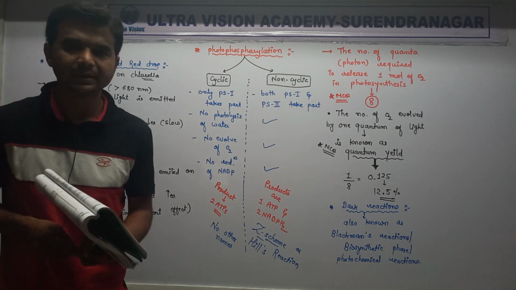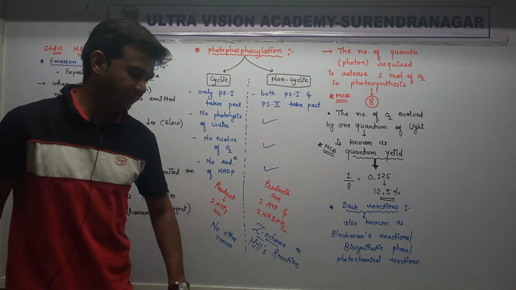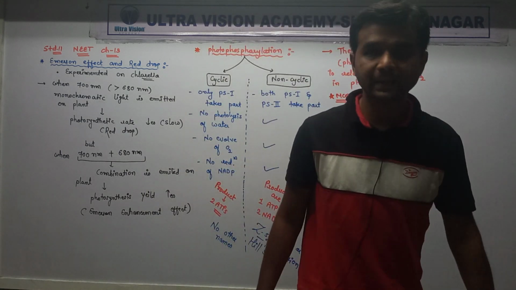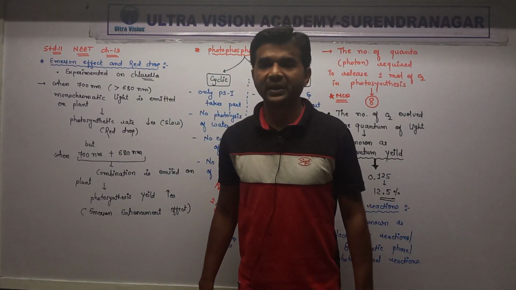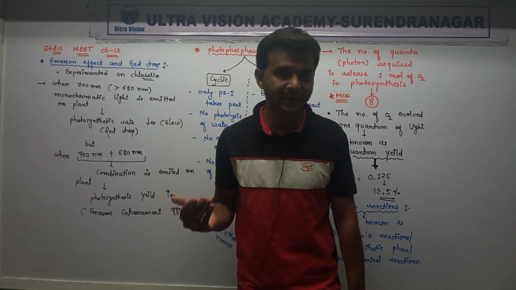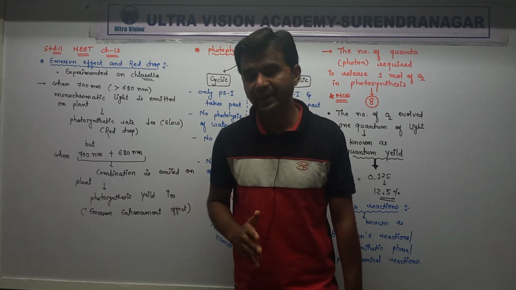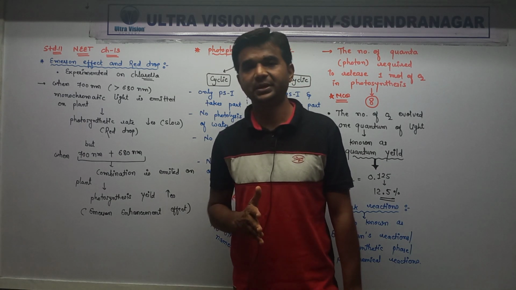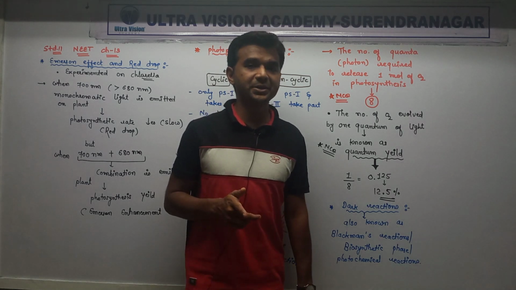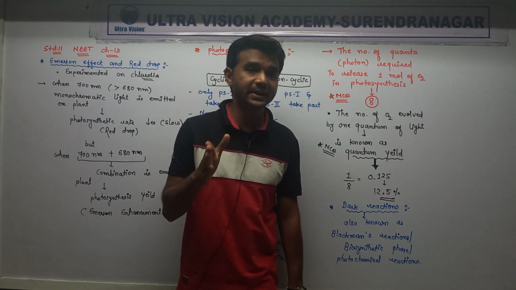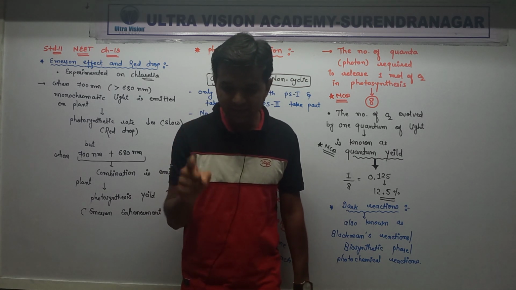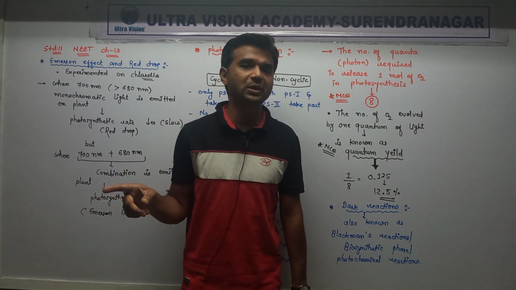As you know, I have given a few statements in the NCERT lecture. Dark reactions are light independent reactions. There is no requirement of light energy here, but the dark reactions require the light reaction products. Without the light reactions, dark reactions cannot occur.